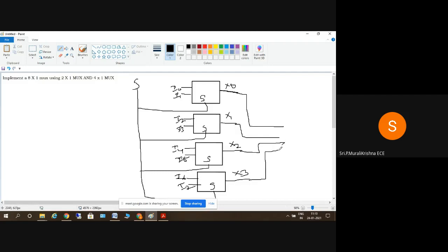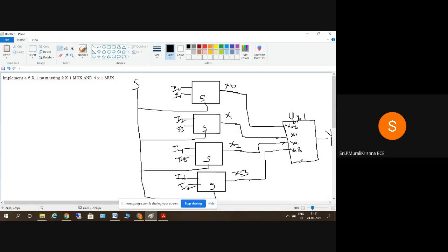Again, I have to use a 4:1 multiplexer, where these 4 outputs are x0, x1, x2, x3, and this is a 4:1 mux here. A single output, I'll call it Y, capital Y.